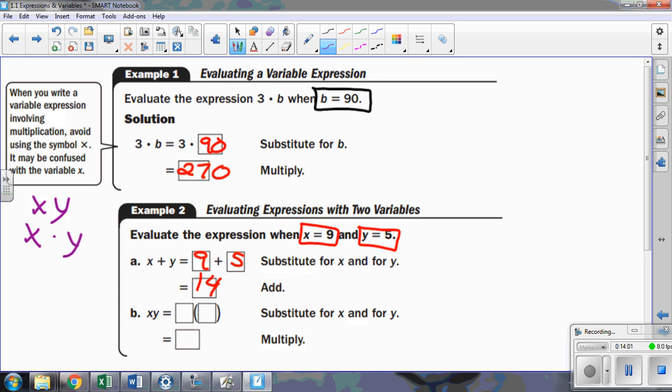It's just a piece of notation that you've got to get used to using. Even though there's not a times symbol written, we know it's there anyway. So we now have x times y. When we plug them in, that's 9 times 5. It's not just 95. We have to remember that multiplication is still there. So what's 9 times 5? 45. We've got our evaluation. We're done. What's the first page?